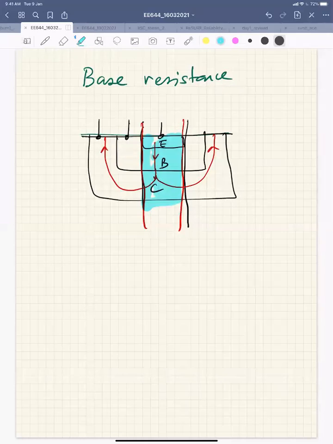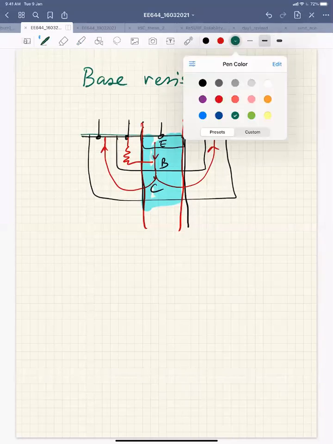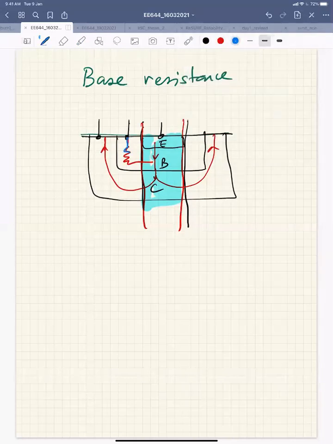The other parts just add some resistance to the current flow path. Since this is the base part, I have a base resistance coming into the picture here, and I'll also have a collector resistance.